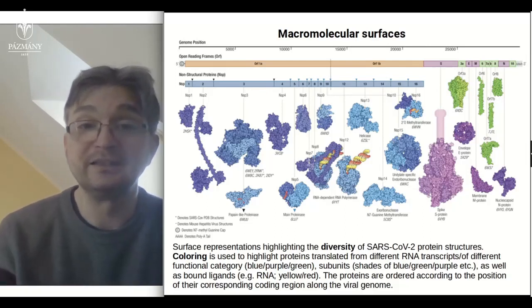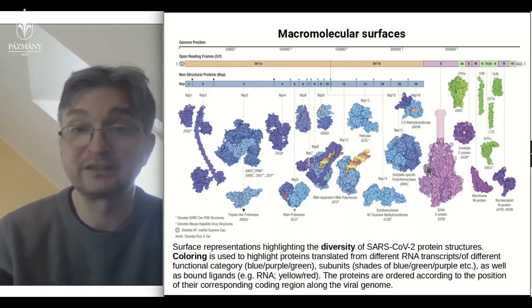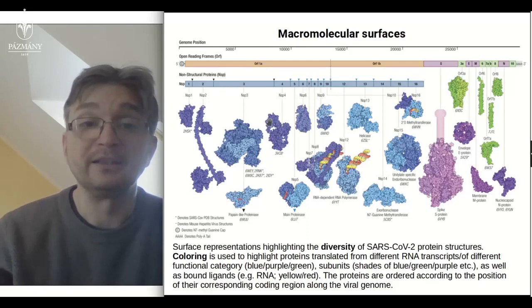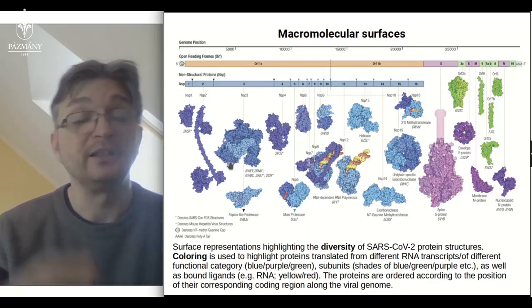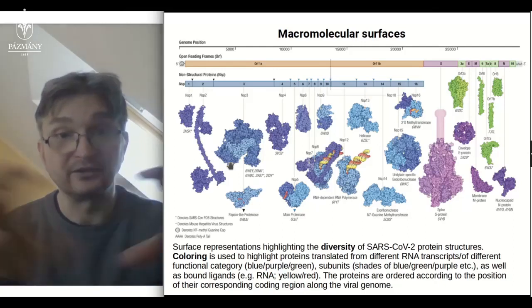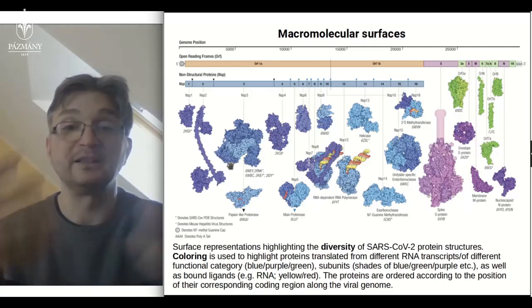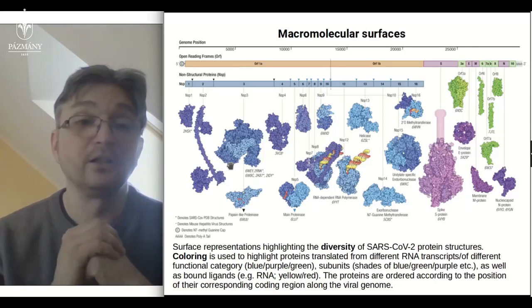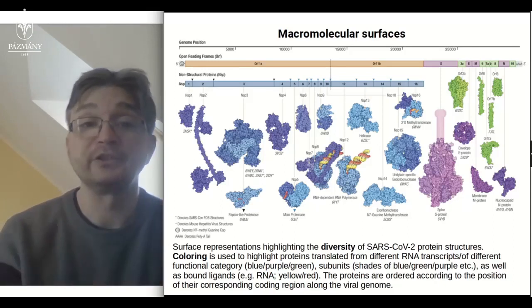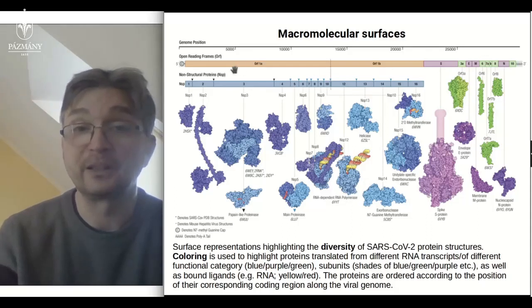You can see that these proteins come in many shapes and sizes and forms, and the coloring here is subunit based coloring, so the different colors highlight that the given protein complex is basically built up from different polypeptide chains, and again we have a linear representation.